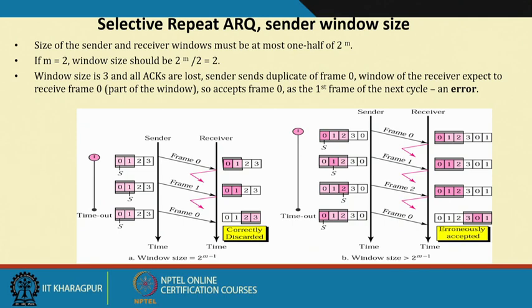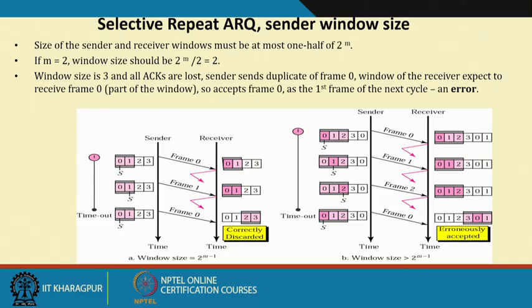So, what we see here in these flow and error control mechanisms: the sender and receiver work with the help of acknowledgements. In the first one, stop and wait, every frame is individually acknowledged.